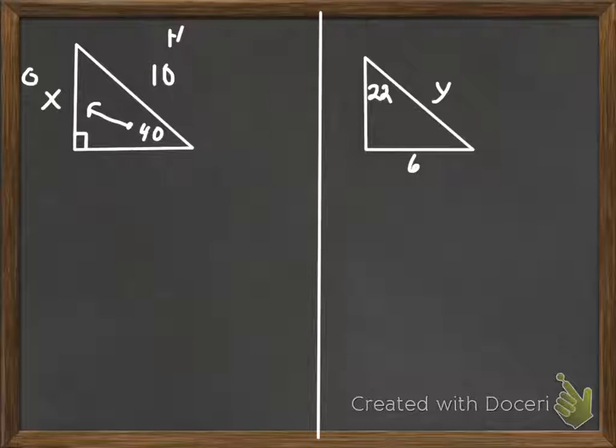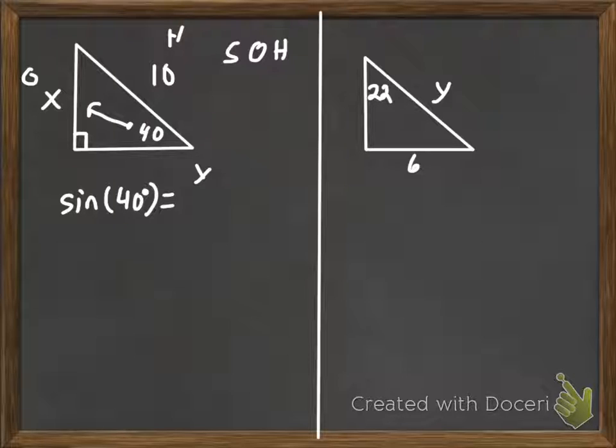So opposite and hypotenuse is sine. So we know we're going to use our sine, because sine is opposite over hypotenuse. So we say that the sine of 40 degrees equals opposite over hypotenuse. So x over 10.